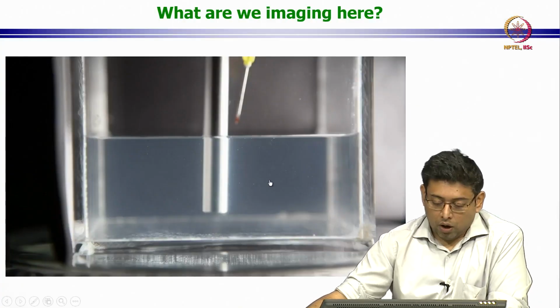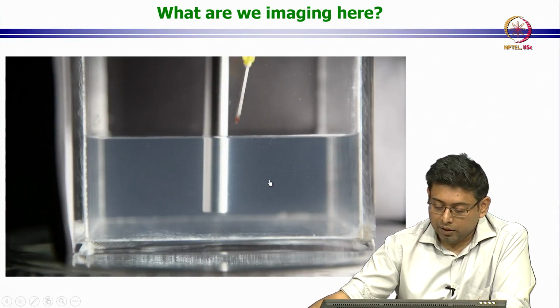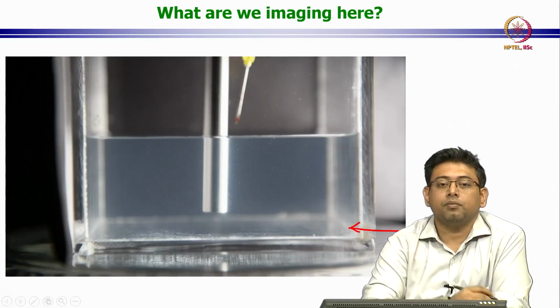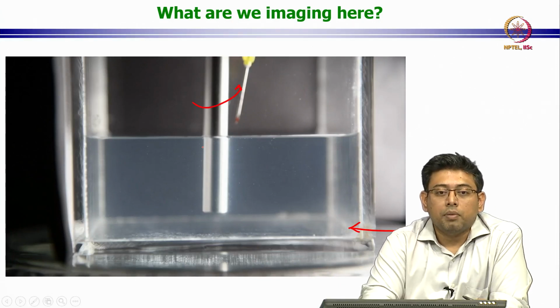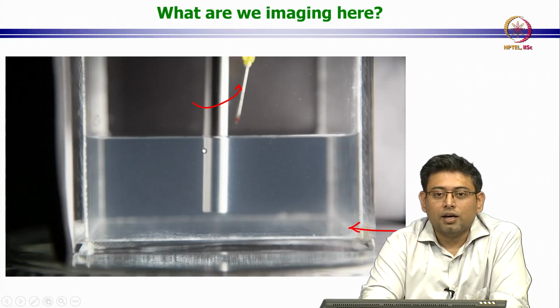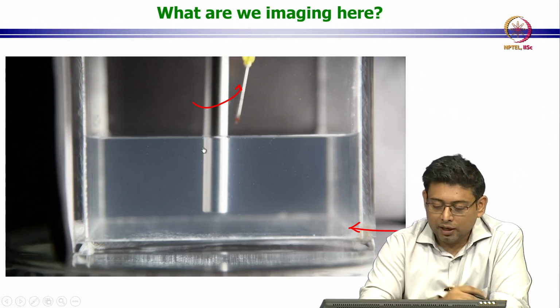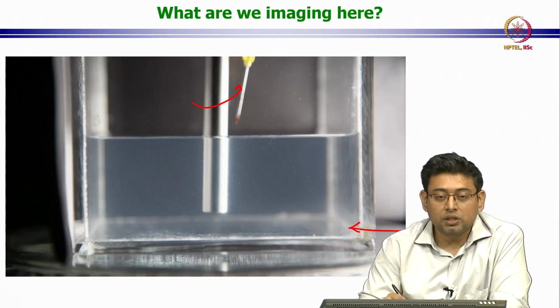And so I'll briefly describe what we are going to see in this particular video. So you have a fluid here, obviously, right? So this is some fluid, and you can see this fluid is colorless, right? Now if this rod rotates, this fluid is going to move. But if the fluid is colorless and transparent, how do you see the motion? You can't, right? It's transparent, and that's why you will not be able to see anything. Now, in order to visualize this, in this particular case, you can see this needle right here, and we are going to deposit a dye.